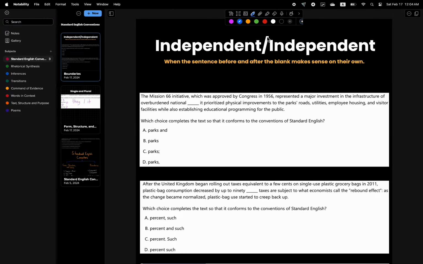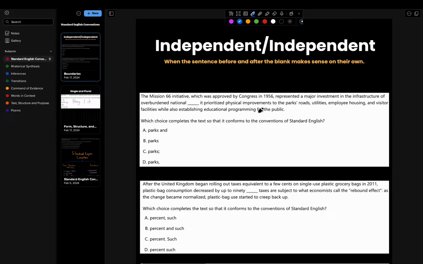This sentence makes complete sense on its own without having another sentence with it. It prioritized physical improvements to the park's roads, utilities, employee housing, and visitor facilities, while also establishing educational programming for the public. This sentence also makes sense on its own, and it doesn't require any additional words or sentences to make sense. So this is an independent boundary.